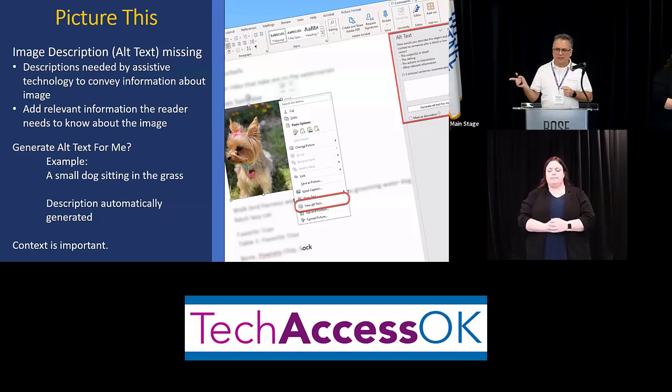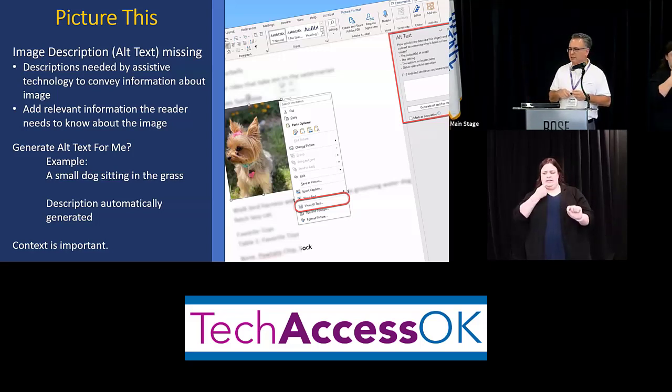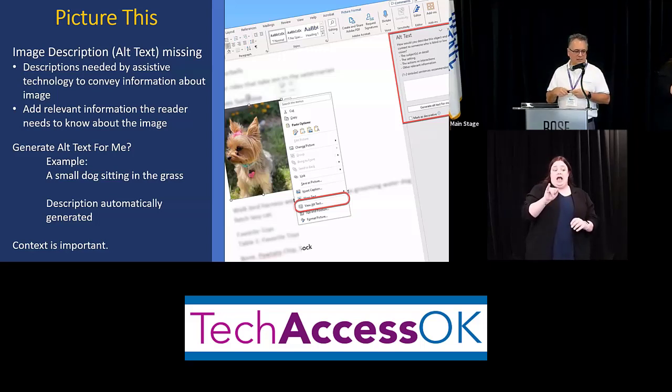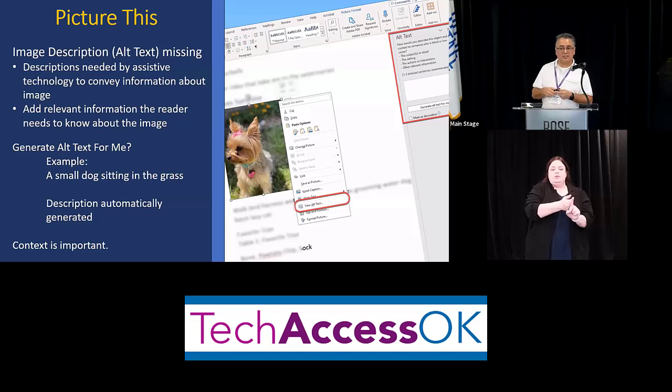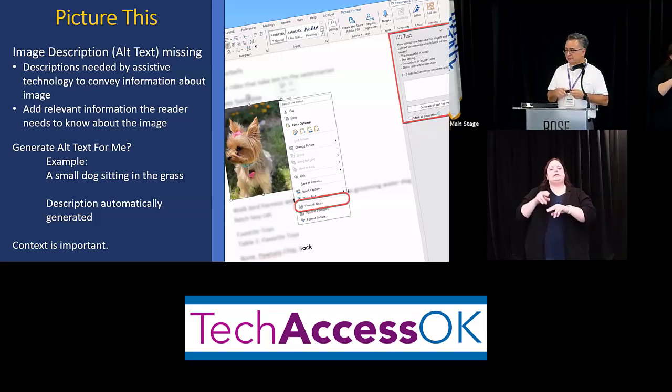If you'll notice, there's a button just to the bottom of the alt text that says generate alt text for me. So this is a machine-generated, AI-generated alt text. I went ahead and I selected that just to see what it would say, and it says, a small dog sitting in the grass.